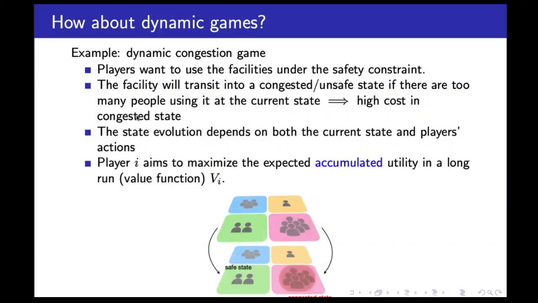And each player now wants to maximize their expected accumulated utility in the long run, which we also call the value function in the reinforcement learning literature. In the control literature, that is the objective function, because the value function in the control literature is just the optimal one, but it's this objective of long-run accumulated utility.